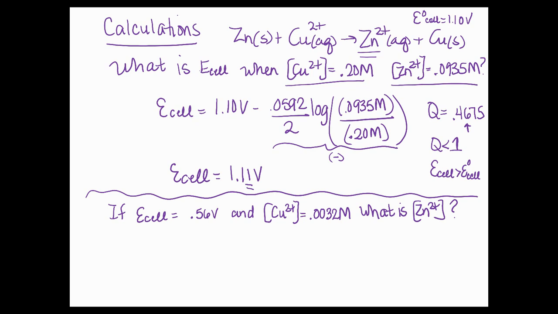If you note, the E of cell is lower than E naught, so the battery's starting to die off here, correct? So we can plug in our values.